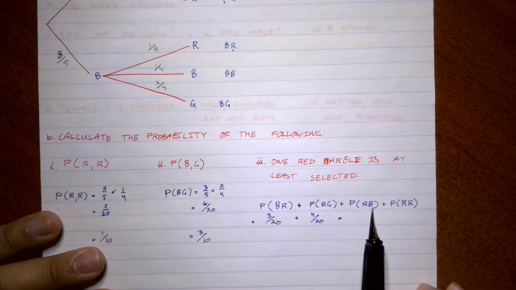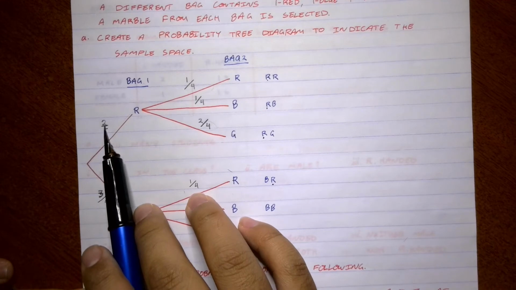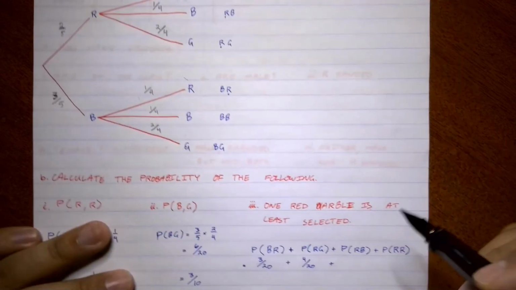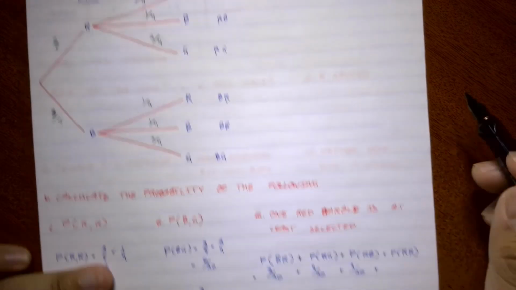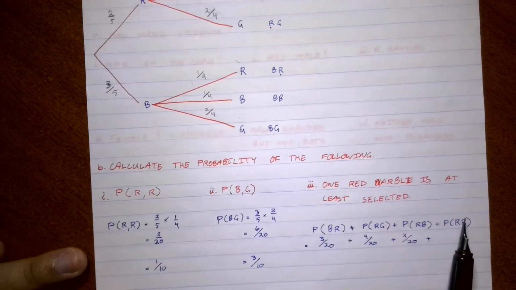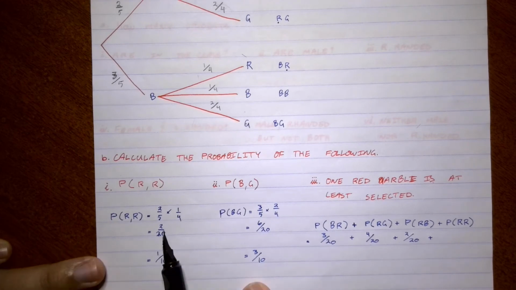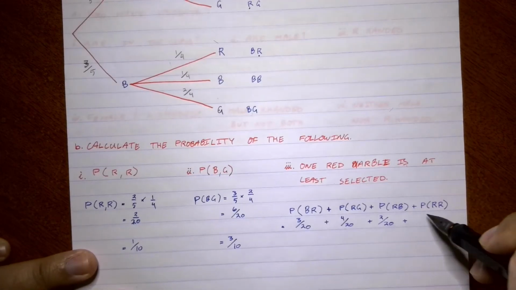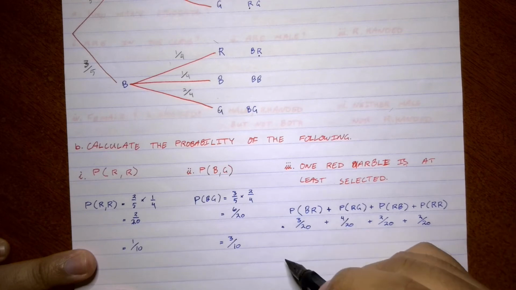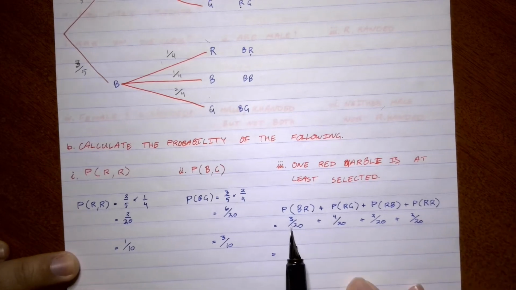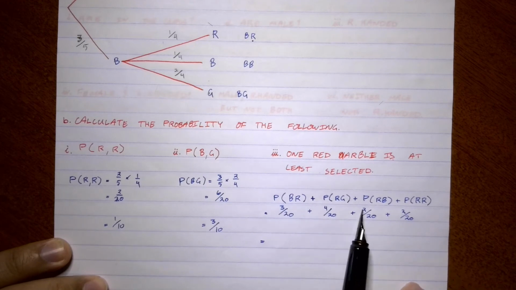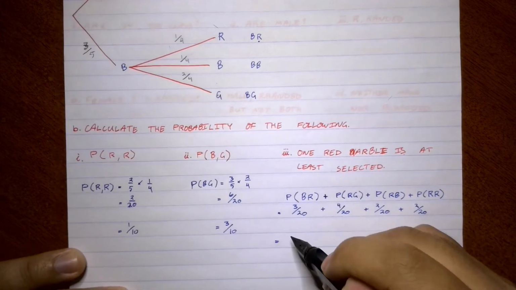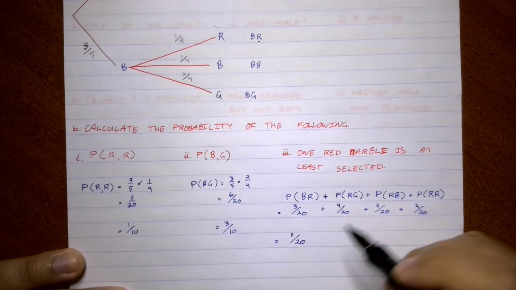Plus red-blue, 2 in 5 times 1 in 4, that's 2 in 20. And lastly, we've already calculated red-red, that's 2 in 20. Adding all these together, they all have the same denominator: 3 plus 4 plus 2 plus 2 makes 11 total out of 20.